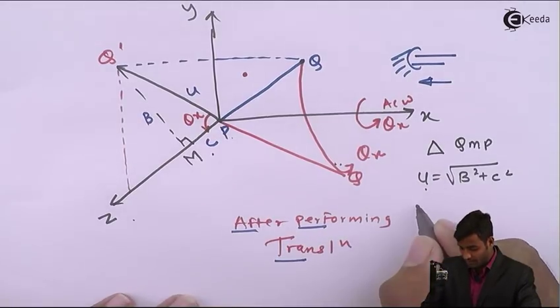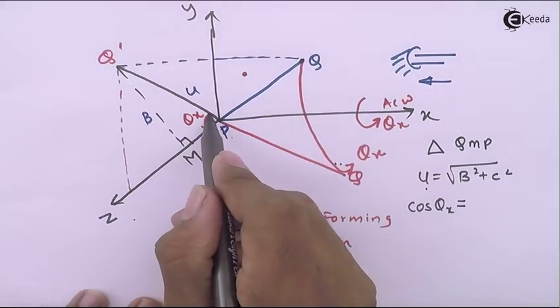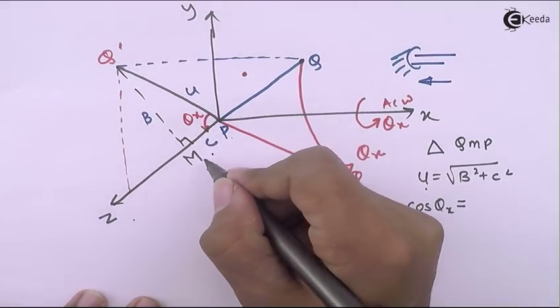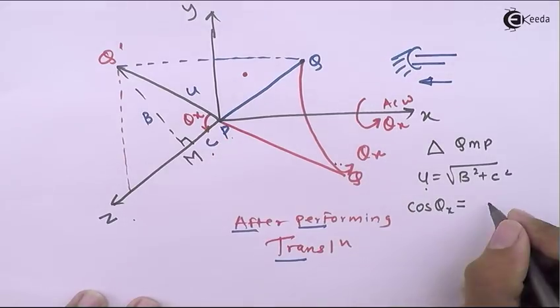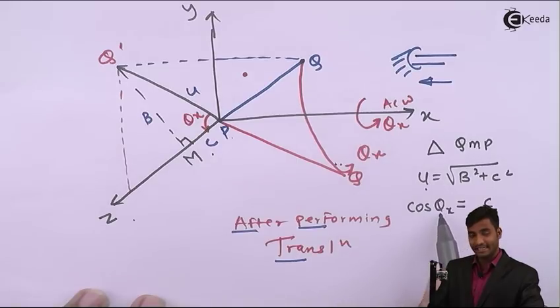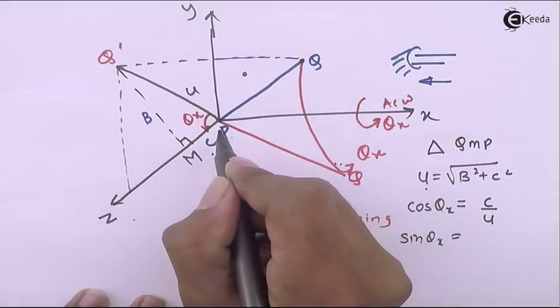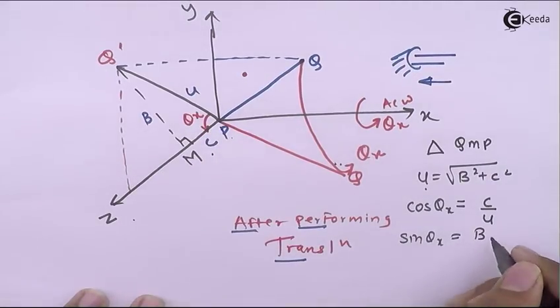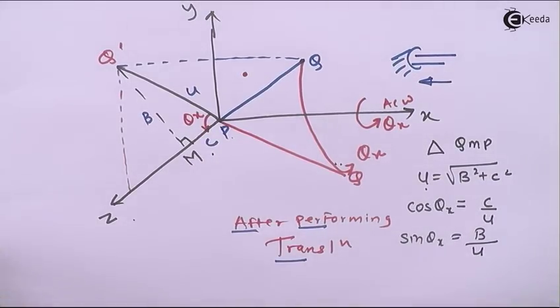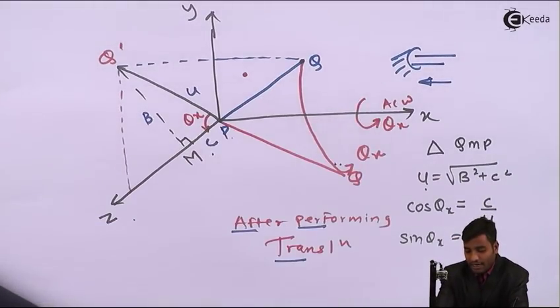So now from the figure, cos theta x, this is theta x, so adjacent side is PM, which is C, and hypotenuse is U. So we got the relation for cos theta x, that is C by U, and sin theta x, the opposite side is B, and hypotenuse is U. So we are using this triangle QMP so that I can get the relations for cos theta x and sin theta x.